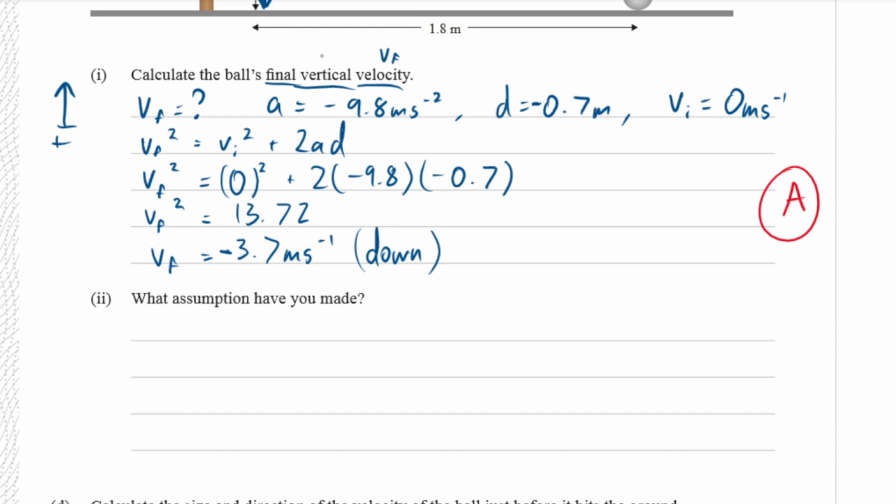The main one is, in kinematics, we assume there are no external forces. So that means things like friction, air resistance, drag. The acceleration is only caused due to the gravitational force.